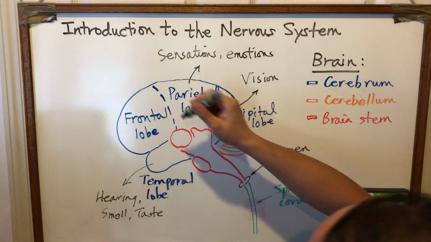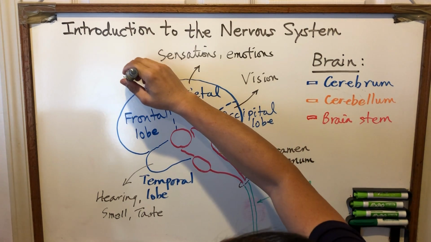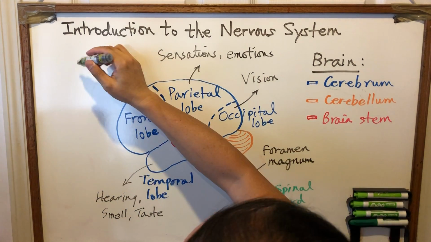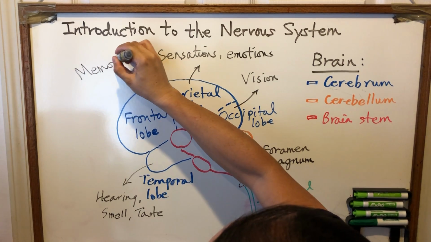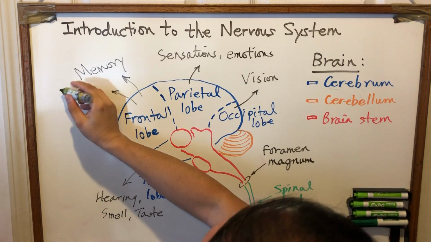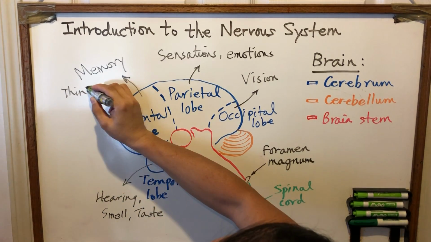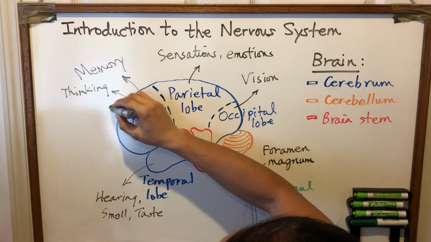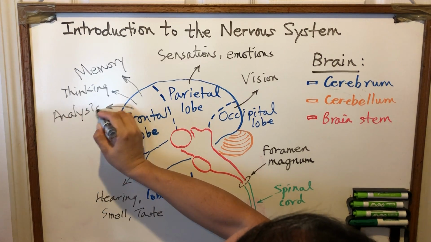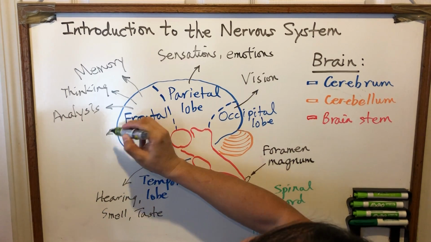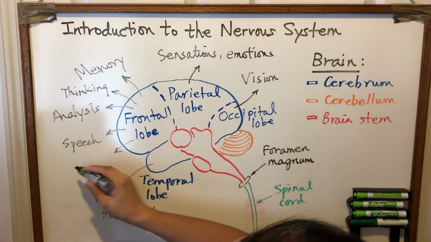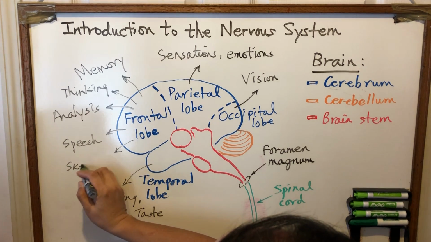And finally, the frontal lobe is the largest part and is responsible for many cognitive functions, such as memory, thinking, analysis, speech, even all your skeletal muscles are controlled by the frontal lobe.